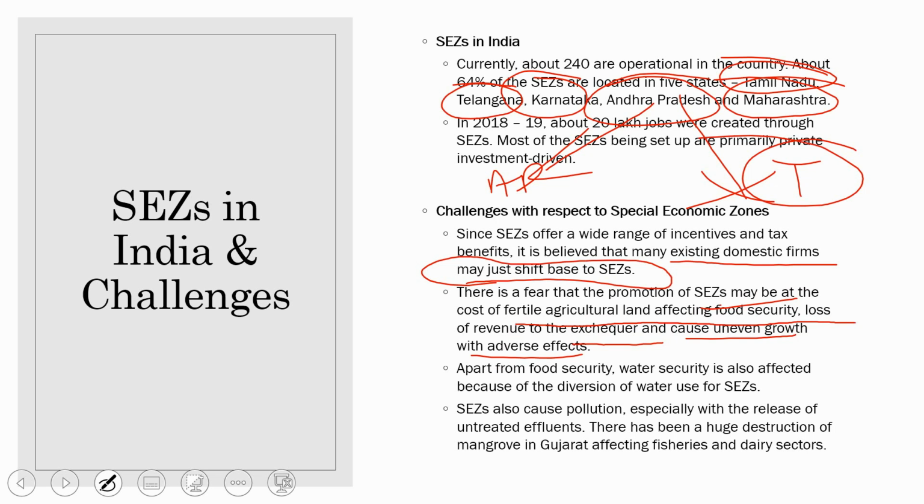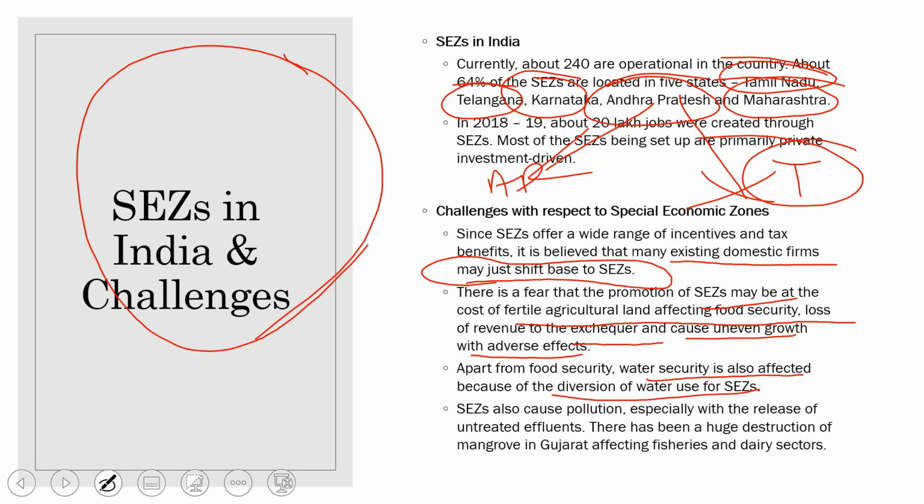If you go to an SEZ, they occupy a very large area, and in India land acquisition is the biggest problem for development. Okay, apart from food security, water security is also affected because of the diversion of water used for SEZs. SEZs consume lots of water, and normally the private sector generates its own electricity by setting up solar power plants and all.